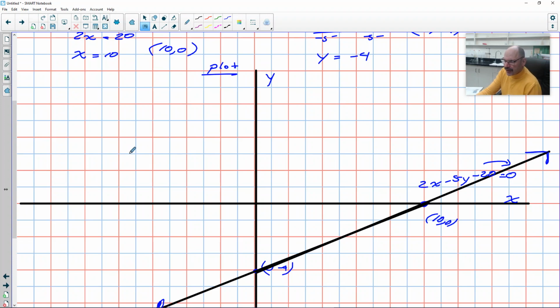You could also use a table of values. So if you do a table of values, you just choose values of x and solve for y.